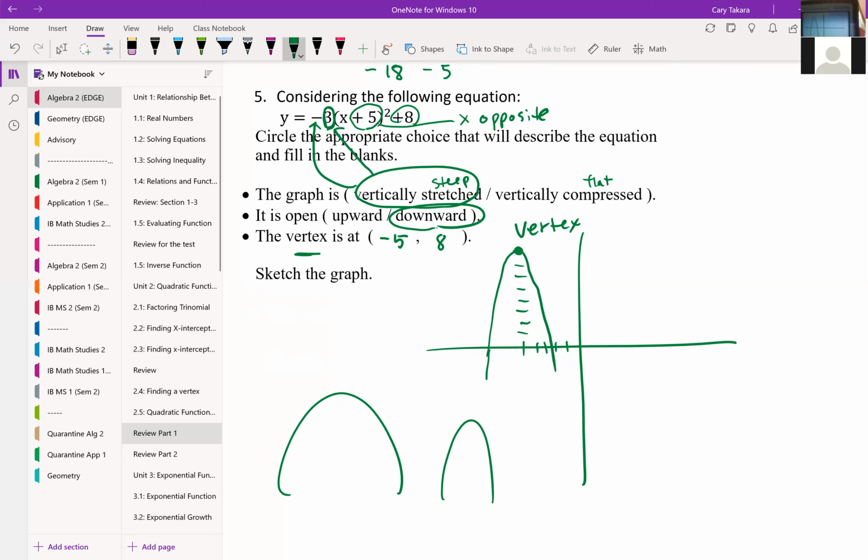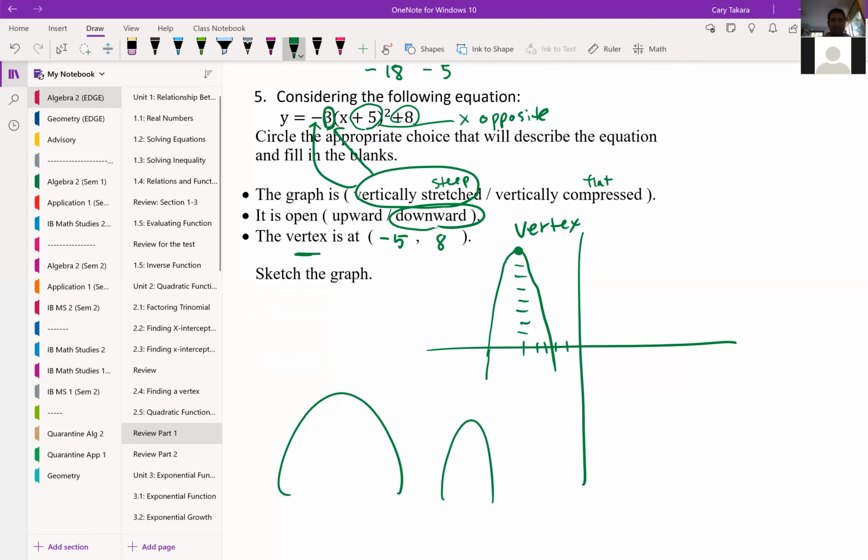So yeah, that's what we have, isn't it? Right? It confirms. But again, this is just a rough sketch of it. But at least we know where the vertex is. At least we know that it's open downward, upside down, and it's going to be fairly steep.